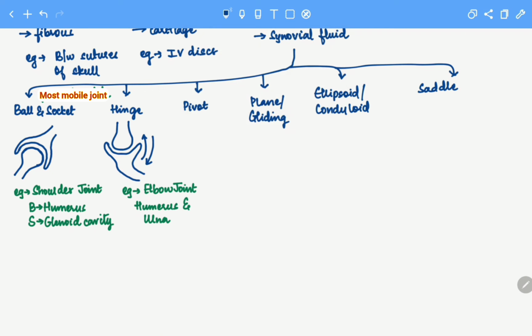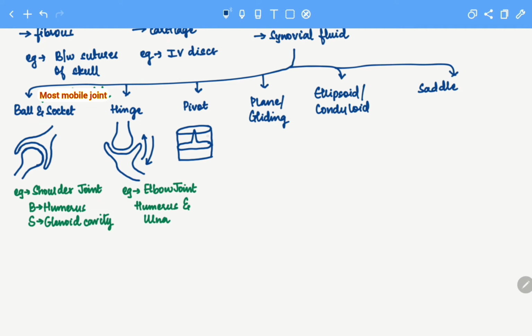Next we have the pivot joint. A pivot joint has a pivot from one bone and another bone that rotates around this pivot. So let's draw a pivot joint. Here I am drawing the atlantoaxial joint as the pivot joint. What I have drawn here is the axis, which is the C2 vertebra, and now I am drawing the atlas on top.